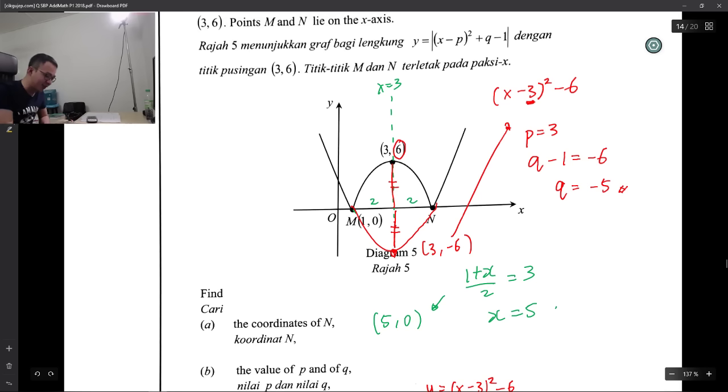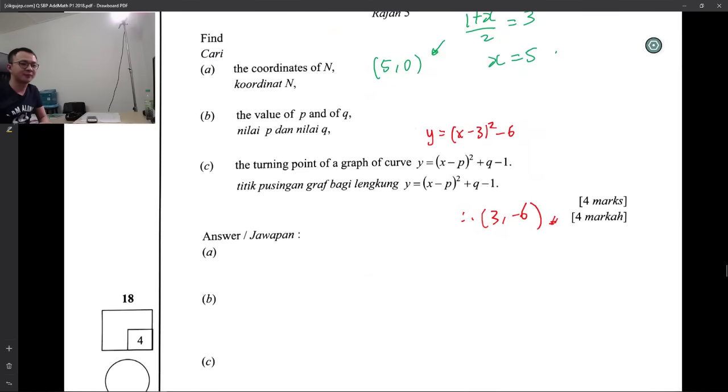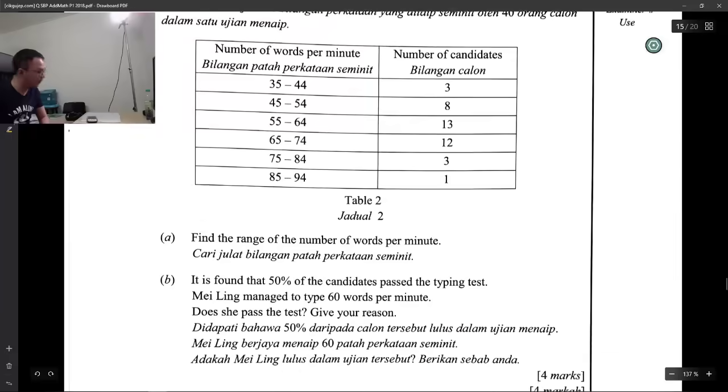So you just imagine the distance from 6 to 0 here is 6 units, right? I want to know the curve before the reflection, so here will be another 6 units, isn't it? Therefore, from 0 go down 6 units, this one should be -6, right? This is how I get -6. Okay, let me move on.